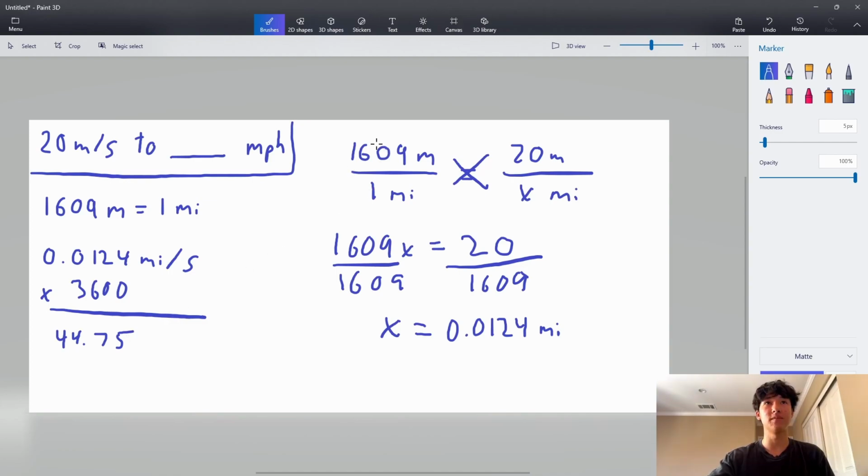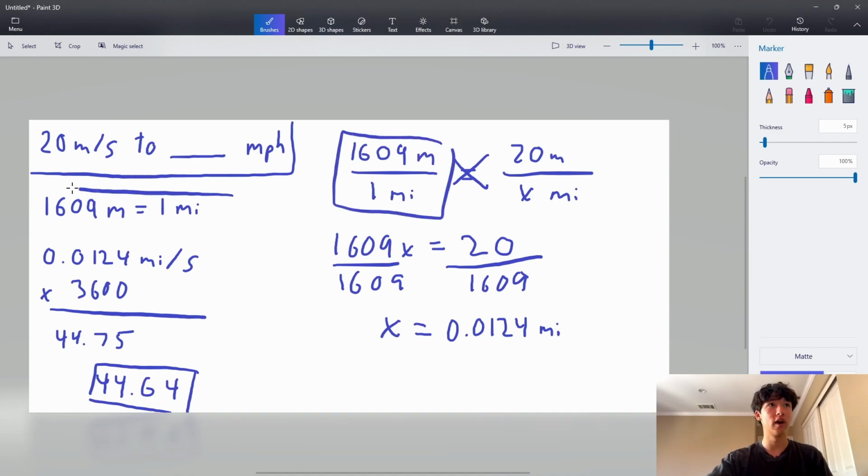And the reason why is because 1,609 meters is not exactly a mile. But whatever happens, for example, right, so this is 44 point, what we get, 64? This has to be your answer in class, always. Because your teacher is going to give you something like this, right? Where 1,609 meters is equal to 1 mile. That's the conversion rate you're using.